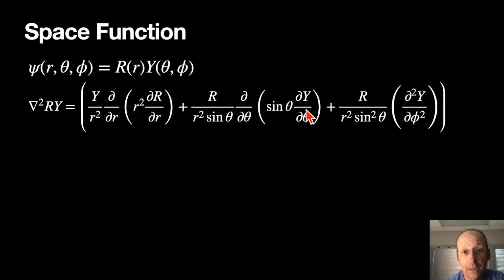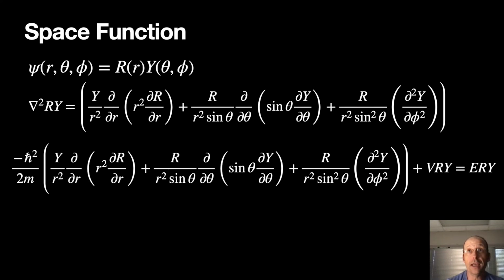This term depends only on theta, so I can pull the R out, right? The partial of RY with respect to theta, R doesn't depend on theta, so it comes out. And then over here, this term only depends on phi, so I can pull the R out again. And then if I put this in the Schrödinger equation, I get this thing. And it looks messy, but just calm down.